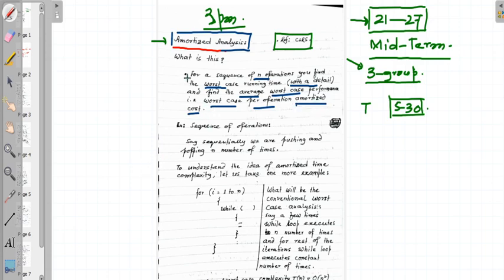So take an example of a sequence of n operations. This sequence of n operations comes up in many algorithms. Say for example, we are sequentially pushing and popping n number of items into the stack.